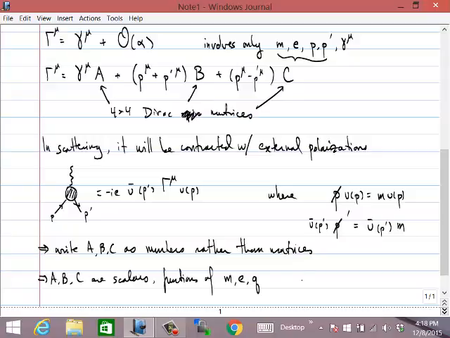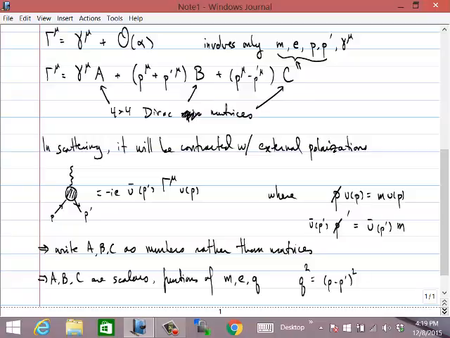Maybe the best way of saying that is that the only scalars that you can build out of these quantities are M, E, P squared, which is M squared, P prime squared, which is M squared, and P dot P prime.